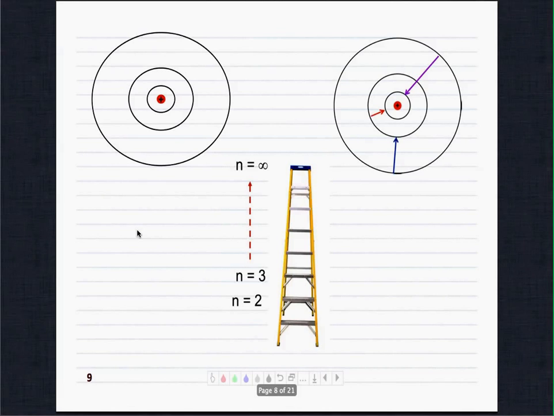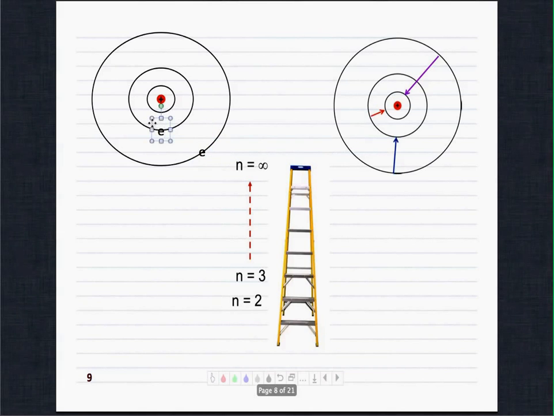So, according to Niels Bohr, those lights are coming from this. When we're applying the voltage, the electron in an energy level around the nucleus is gonna do a transition, go from one level to the other. Why? Because it is excited, because we put in a high voltage, and we call this process the atom absorbing energy.